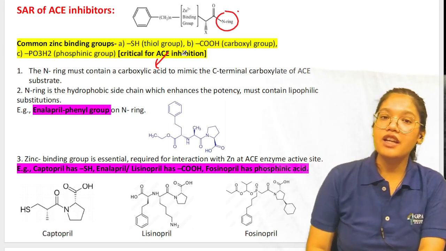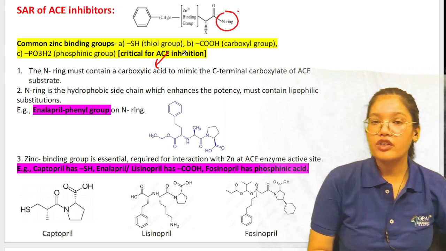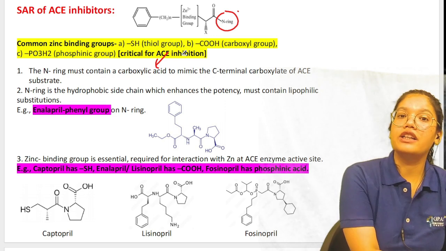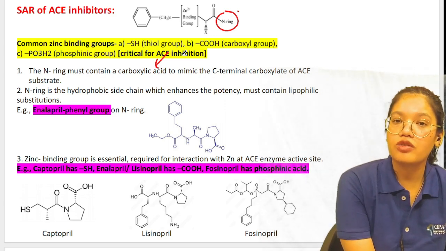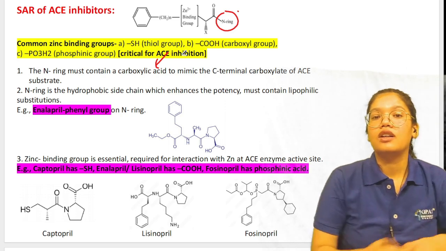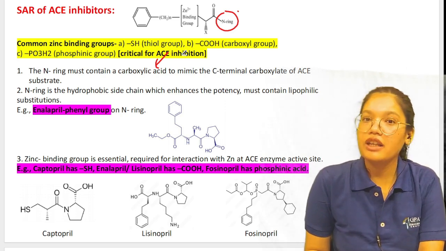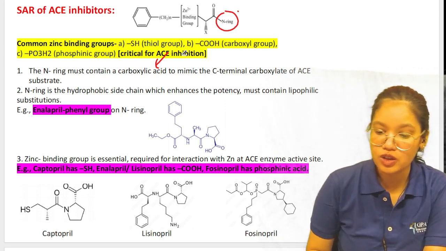Next, this ring has a hydrophobic side chain, and it is responsible for the enhancement of the potency due to its hydrophobic nature. So the substituent that we add to this ring should be lipophilic in nature, so that will be optimum for the activity.